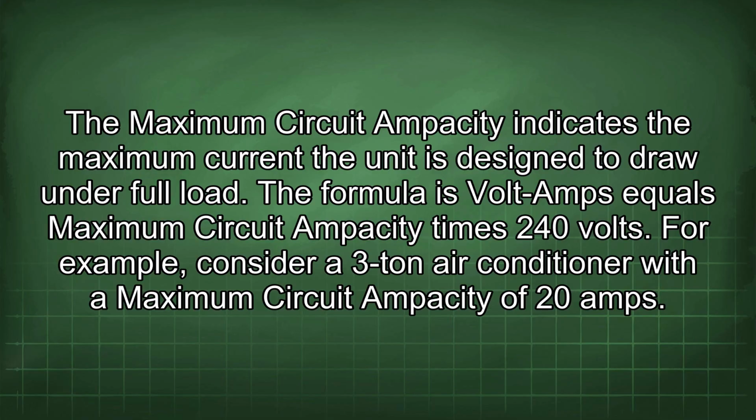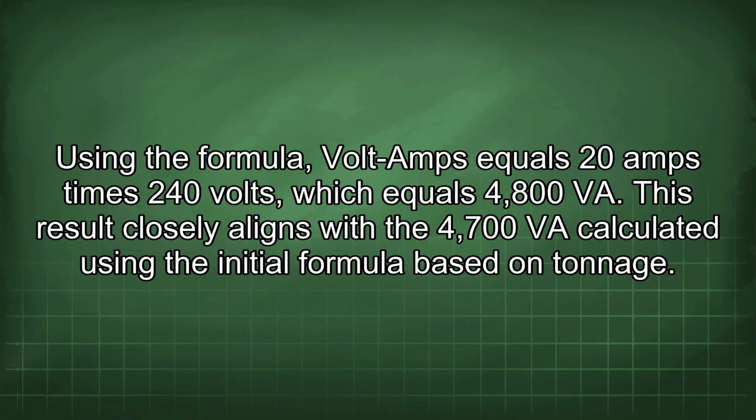For example, consider a 3-ton air conditioner with a maximum circuit ampacity of 20 amps. Using the formula, volt amps equals 20 amps times 240 volts, which equals 4,800 VA. This result closely aligns with the 4,700 VA calculated using the initial formula based on tonnage.